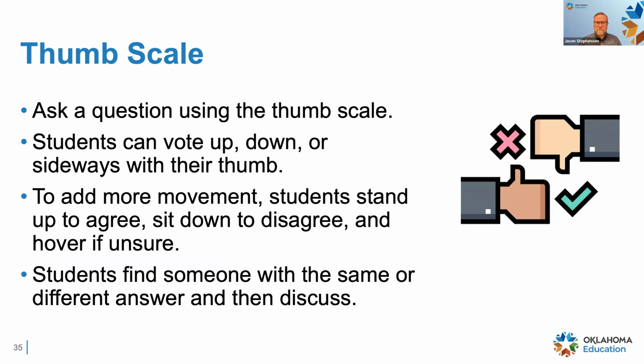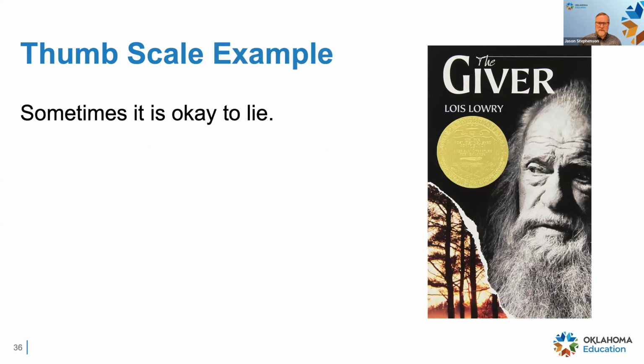Students looking around the room, finding someone with the same answer, moving to them, and then discussing. So here's one of those anticipation guide examples based on the novel The Giver, with this statement: sometimes it is okay to lie. Do you agree? Do you disagree? Are you unsure? Now look around the room, see who voted the same way you did, and then move to them and discuss.